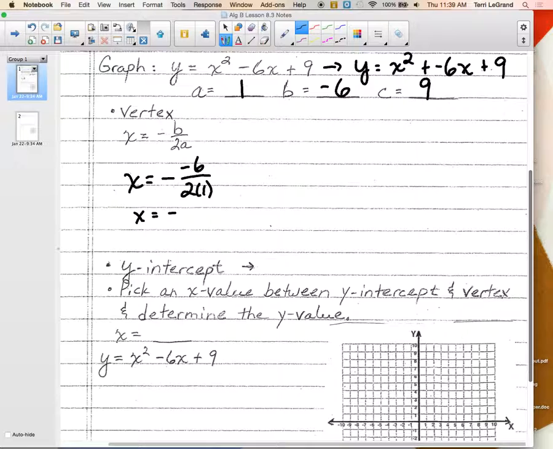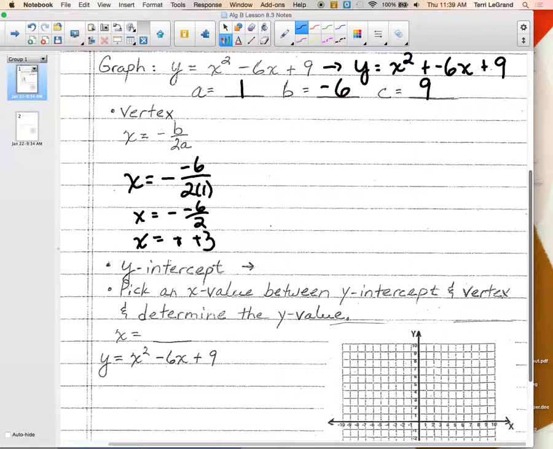We have -6 divided by 2, which becomes -3. What's the opposite of -3? +3. So we end up with +3 as our x value for the vertex.